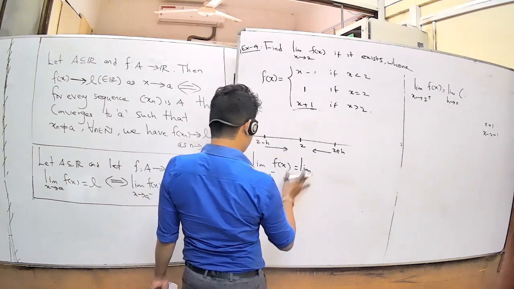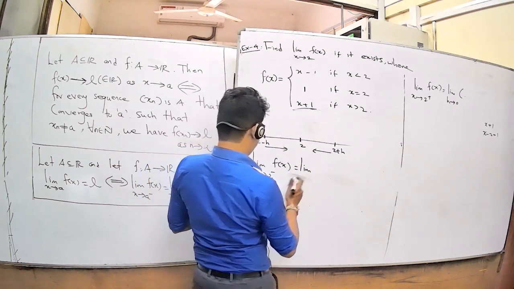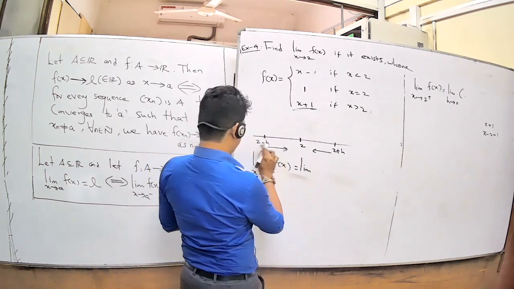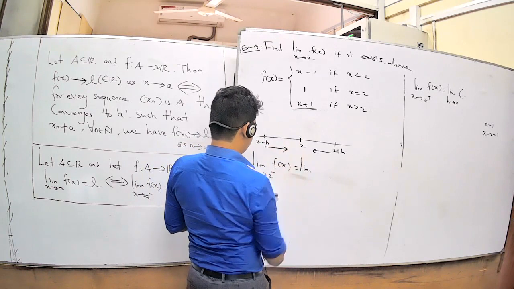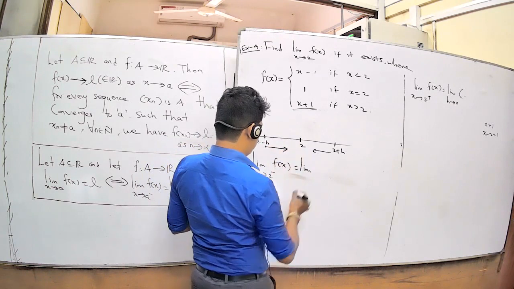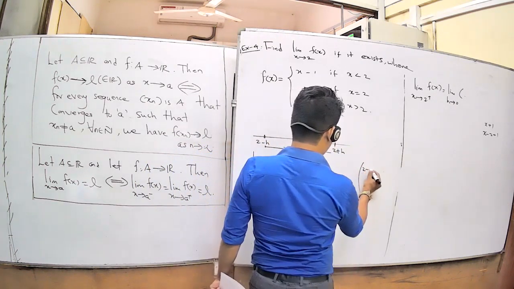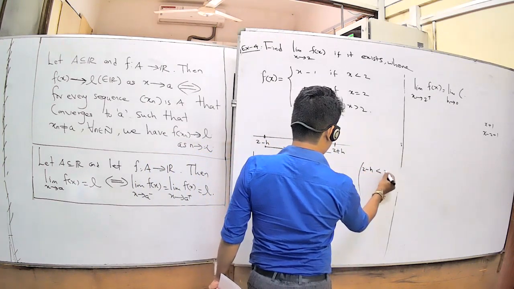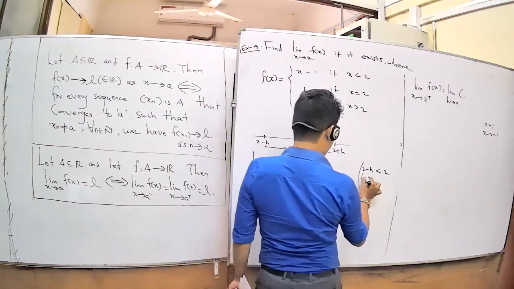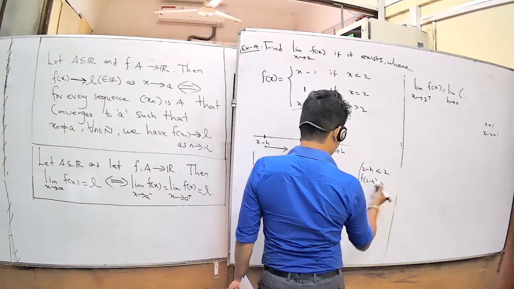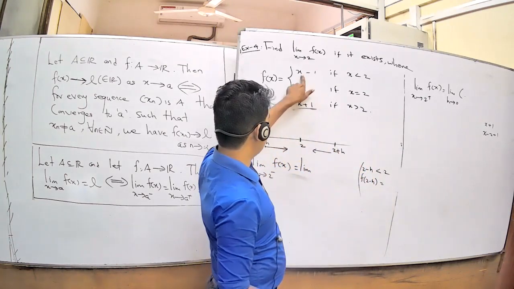If you want to find this limit, you want to change the variables here. x tends to 2 minus becomes here like this, from this point to this. Therefore, now we arrange the variables. How can you arrange the variable? Here, obviously 2 minus h is less than 2. Therefore, f of 2 minus h. What is the value of f of 2 minus h? Less than 2 gets this one, x minus 1.